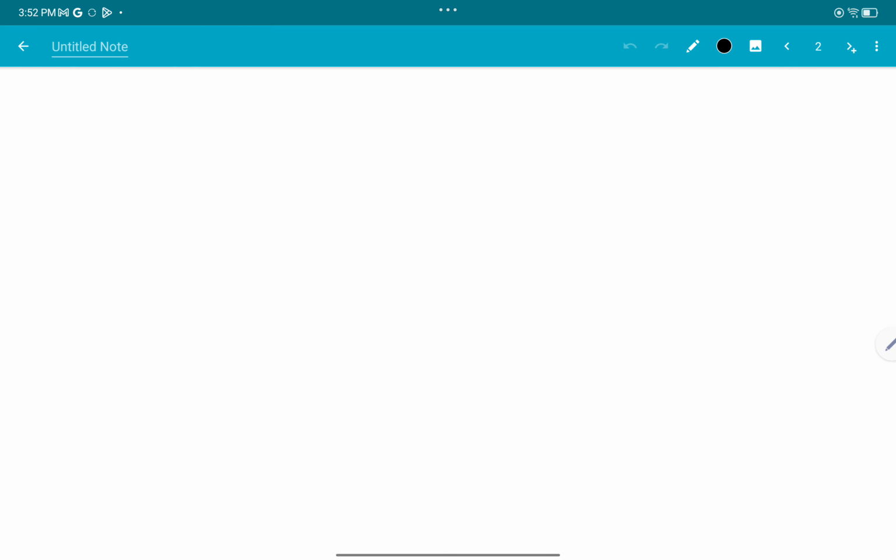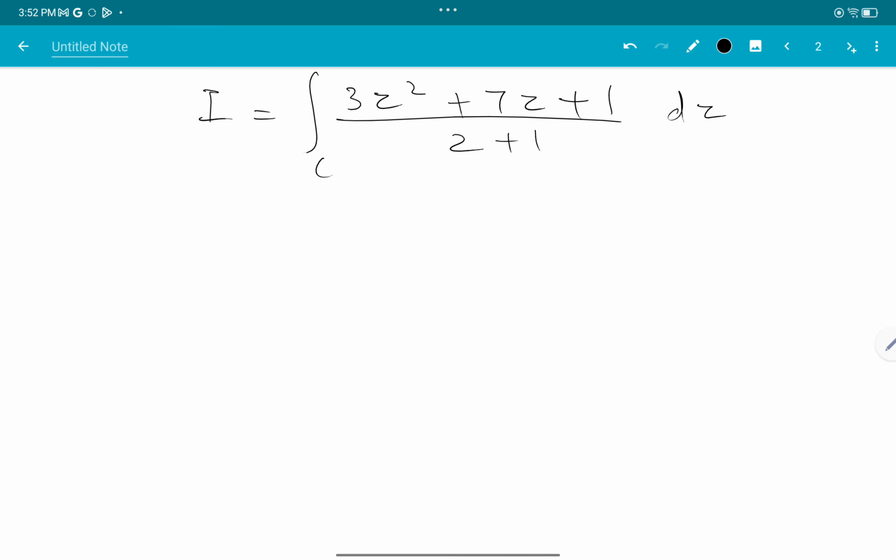Let us go to another page. Similarly, we can have another function. Say I have the integral over C of 3z square plus 7z plus 1 divided by z plus 1, dz. Again, if you look at the function f(z), at z equal to minus 1 the function blows up.